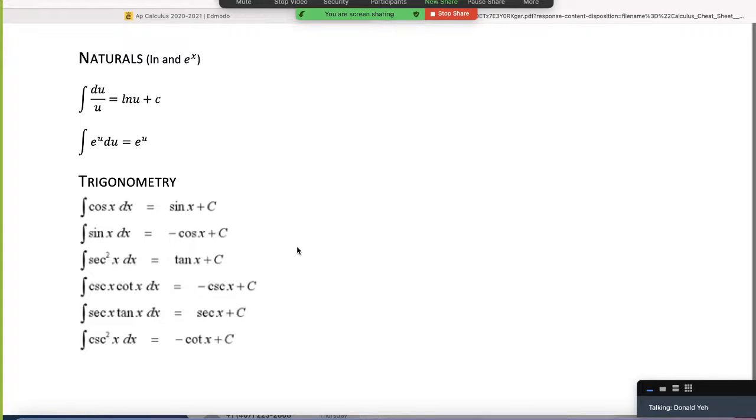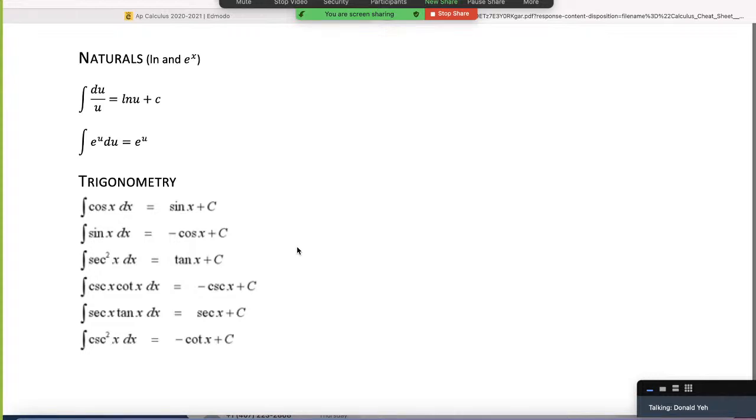Yes, it's negative natural log cosine of x. That's for tangent. Integration of tangent of x is negative natural log cosine of x.